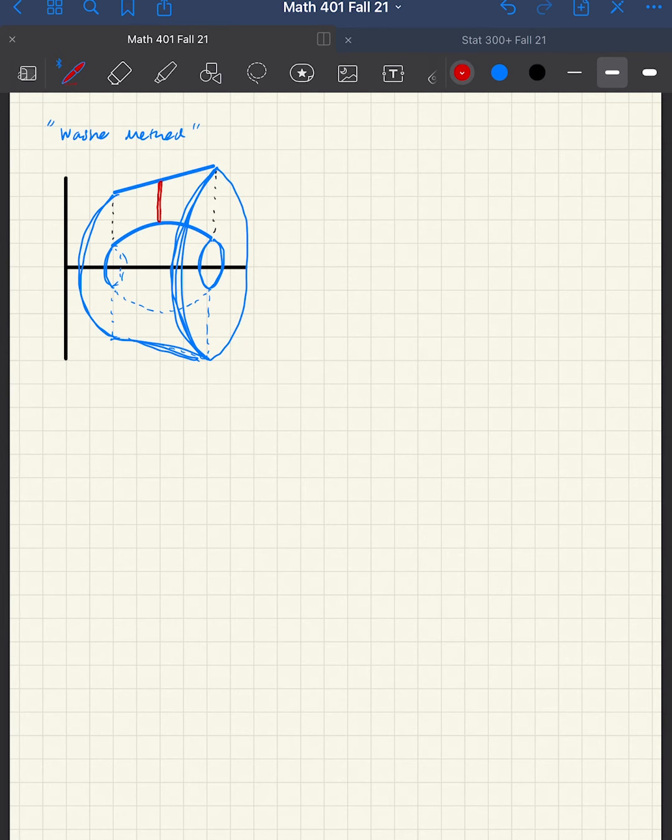And so if you think about what's actually happening here, our infinitesimally thin rectangle is not actually a disk now. It's shaped like a washer, in the sense of hardware tools, like when you're building something. You've got this nice washer like this, something like that.